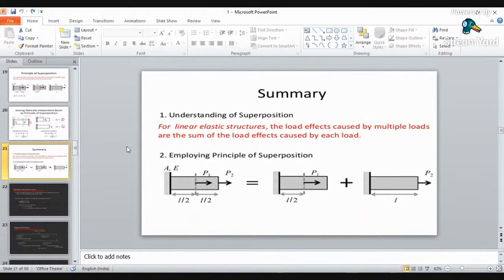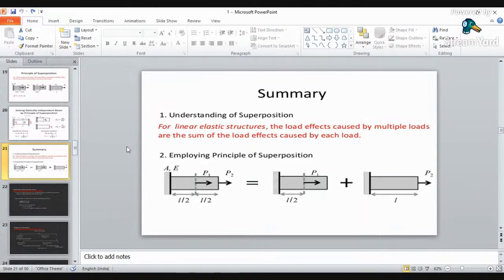So what will happen in this case? You can split this beam into two cases. The first change in length is caused by the load P1 and the second change in length is caused by the load P2 acting at a distance of L from the extreme left side.